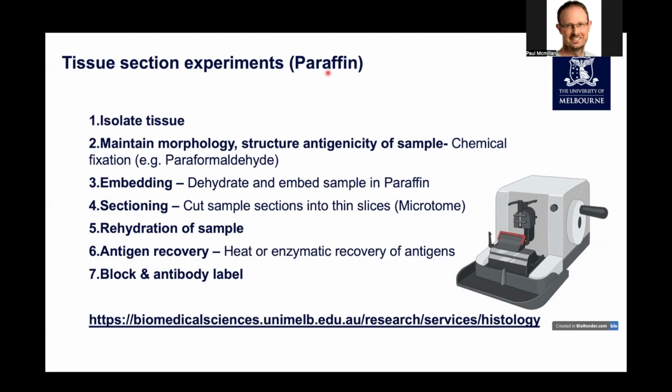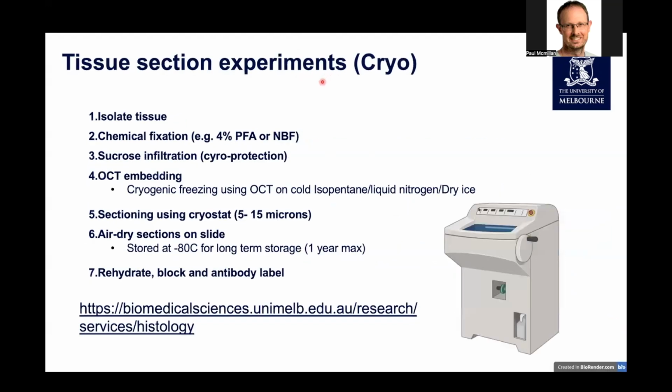So that's paraffin embedding. There is another type of sample prep for tissue sections, which is cryopreservation. Again, we'll isolate the tissue. We go through the chemical fixation step with PFA or neutral buffered formalin. We will infiltrate the sample with sucrose, which provides cryoprotection.